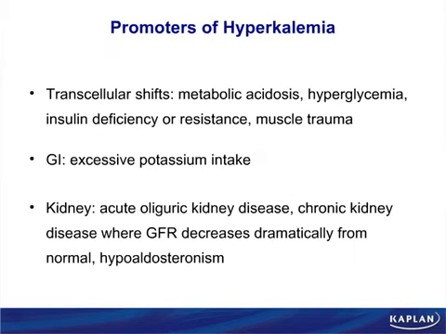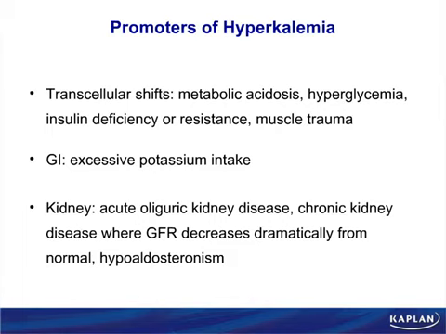So promoters of hyperkalemia, as we mentioned, transcellular shifts. That's very important. So metabolic acidosis. As we just mentioned, hyperglycemia, severe insulin deficiency. That's your patient with diabetic ketoacidosis. Insulin deficiency, because insulin activates the sodium-potassium ATPase. In addition, you have an acidosis. You have transcellular shifts. Rhabdomyolysis.